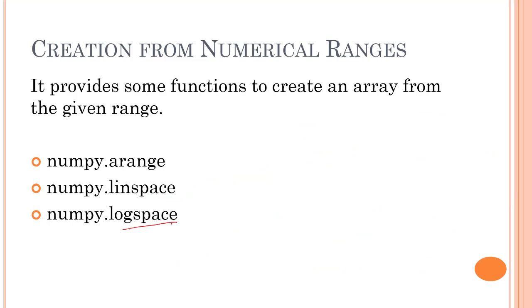Logspace. Logspace is basically used to create an array using numbers that are evenly separated on a log scale. Remember that logspace means it is used to create an array with numbers evenly separated on a log scale.